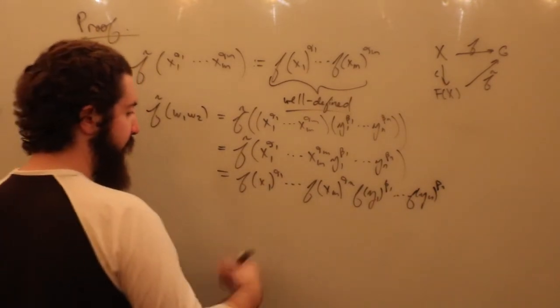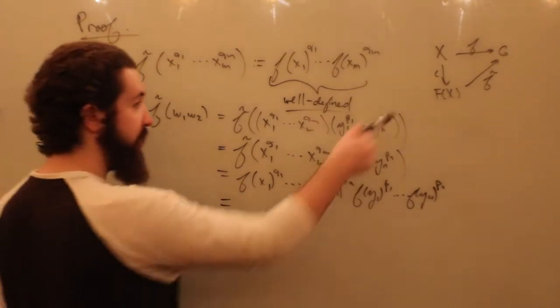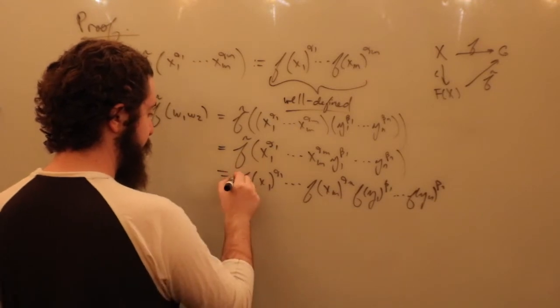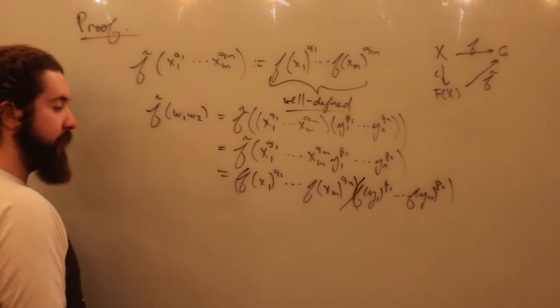And then we're going to just group them by associativity, which we know G has associativity, so we can do that. So we can write this as this, right? Generalized associativity.